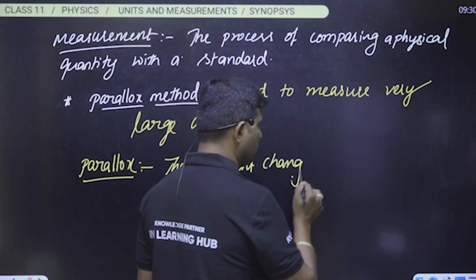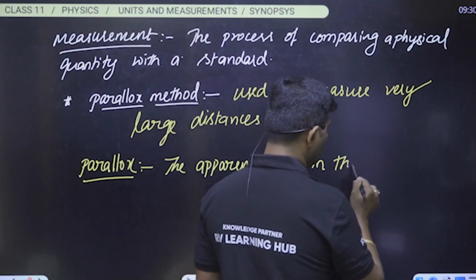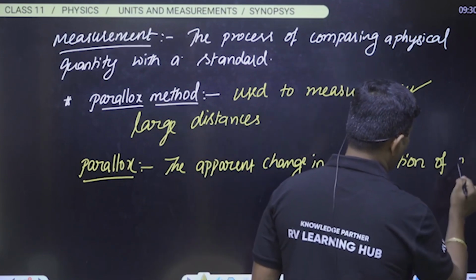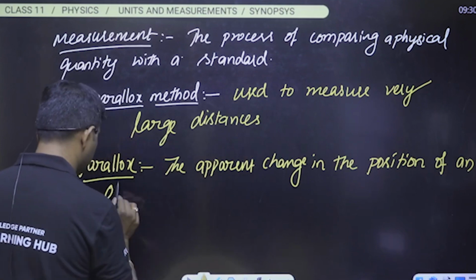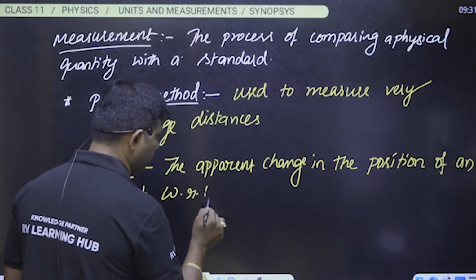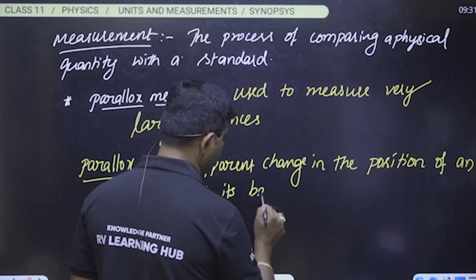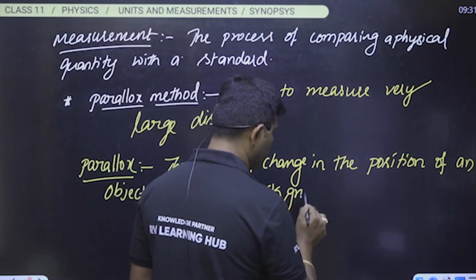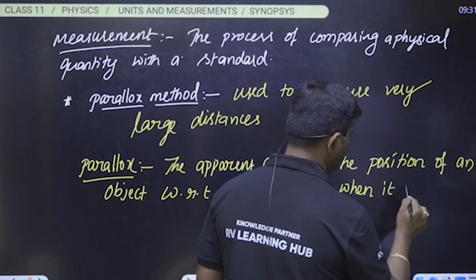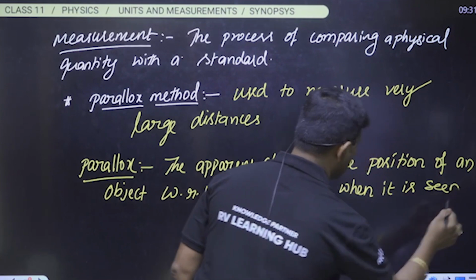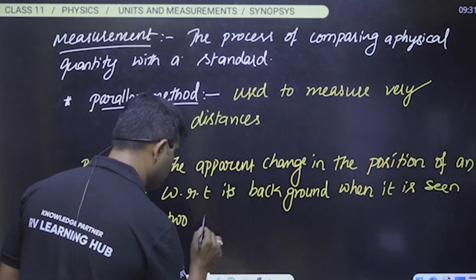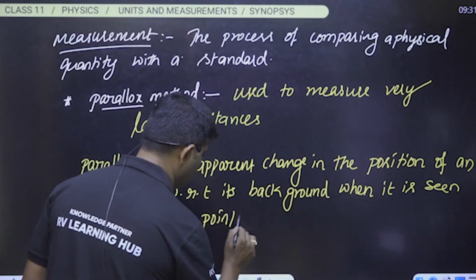the apparent change in the position of an object with respect to its background, when it is seen from two points of observation.